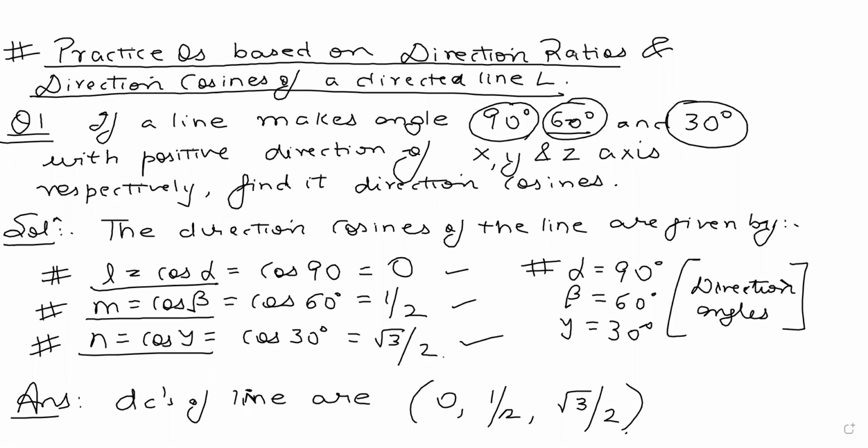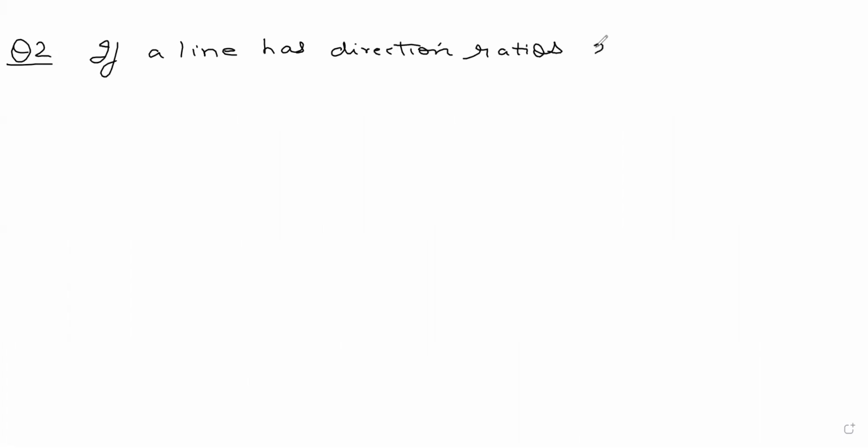Okay, moving forward to the second practice question. If a line has direction ratios 2, -1, -2, determine its direction cosines.